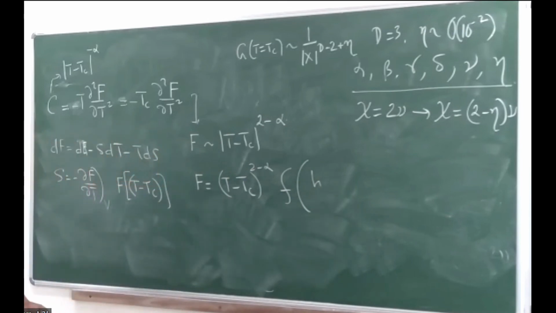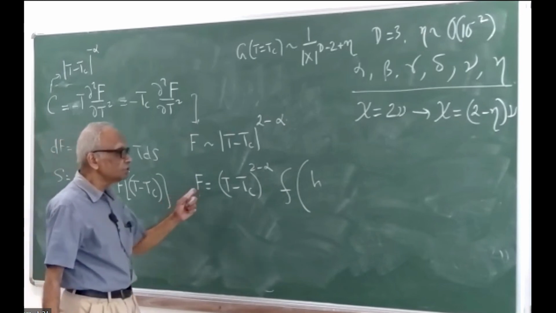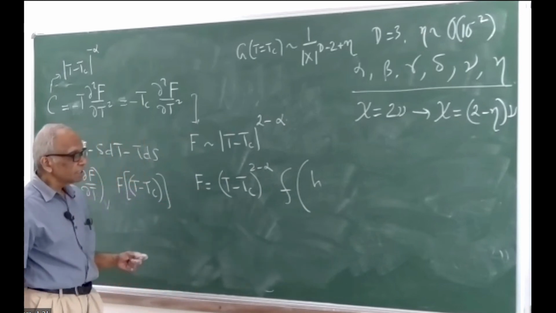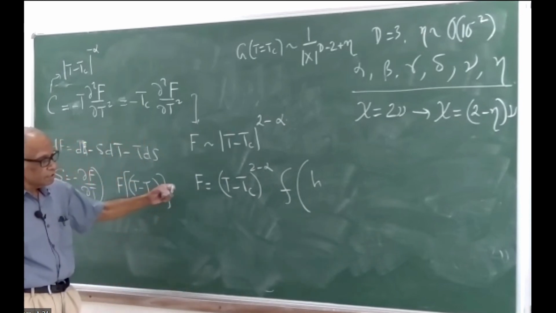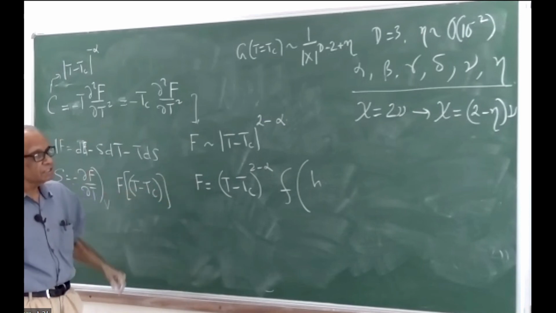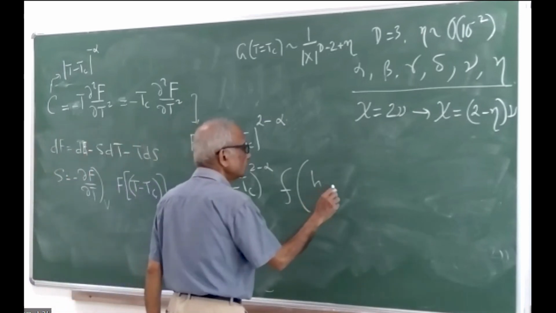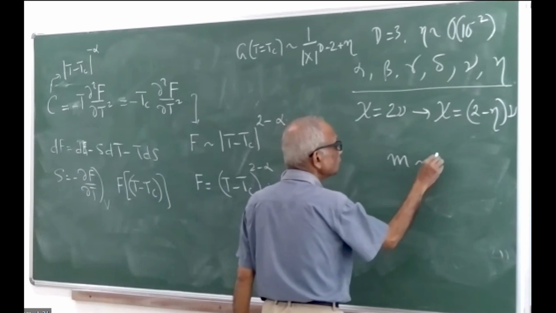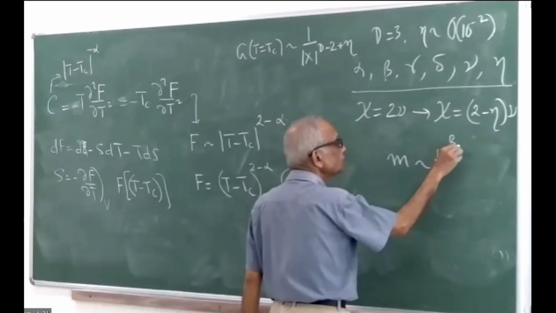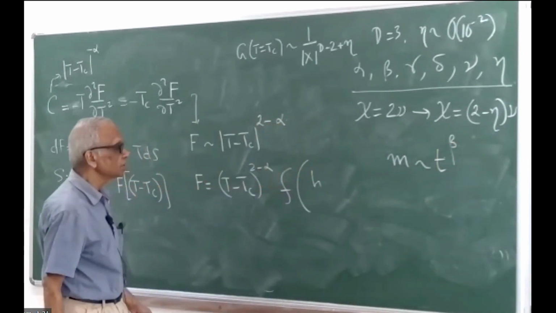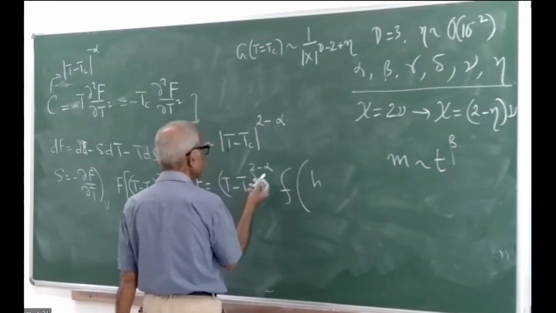What kind of a function? It has to be such a function that the magnetization has to go as t to the power beta, where t is t minus tc over tc.